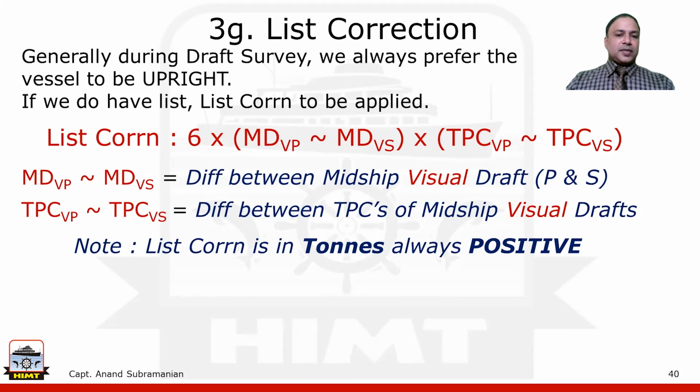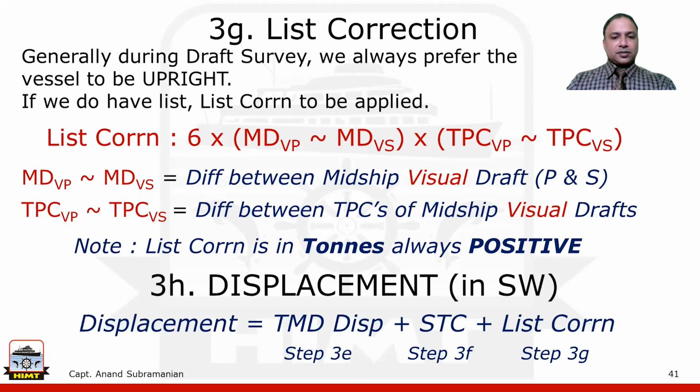TPC VP is the TPC from the hydrostatic tables for the visual port side draft mark, and TPC VS is the TPC value obtained for the visual starboard side draft marks. The correction we get from this formula is always in tons and always positive. That means it's an additive correction. So this list correction is added to the displacement we found earlier, that is, the true mean draft displacement.